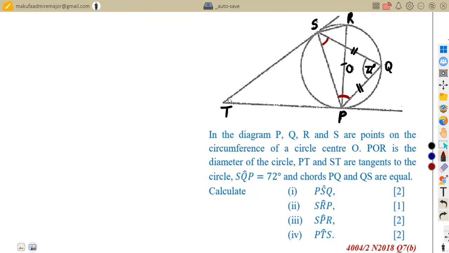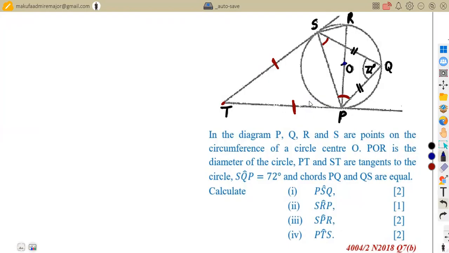And if we take note again from our tangents, I said if you are given two tangents from the circle where they meet at this point T, these two tangents are going to be equal in length. So from S to T and from P to T, these two are equal. And also from our radius concept, O is the center.